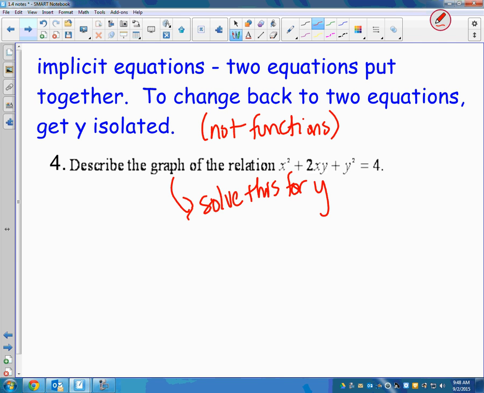I picked, yet again, a more difficult one, hoping that if we do a more difficult one, when you see an easier one on your homework, it'll be easier to do. This one's really hard to solve for y, because we have a y and a y squared here.